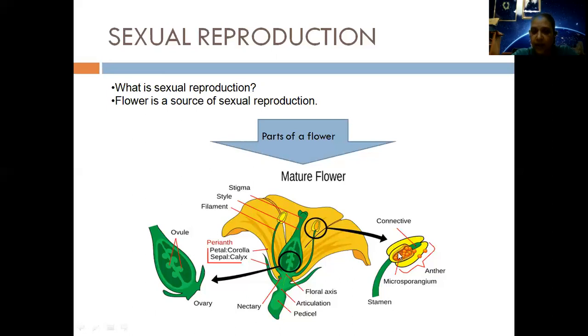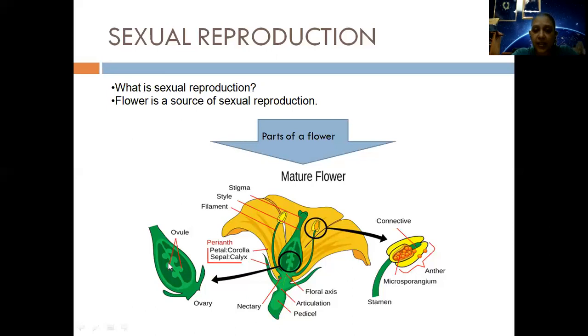To the lower part you will see the ovary, that is the gynoecium. This gynoecium consists of the ovules, or the female gametophyte, which we would study later.